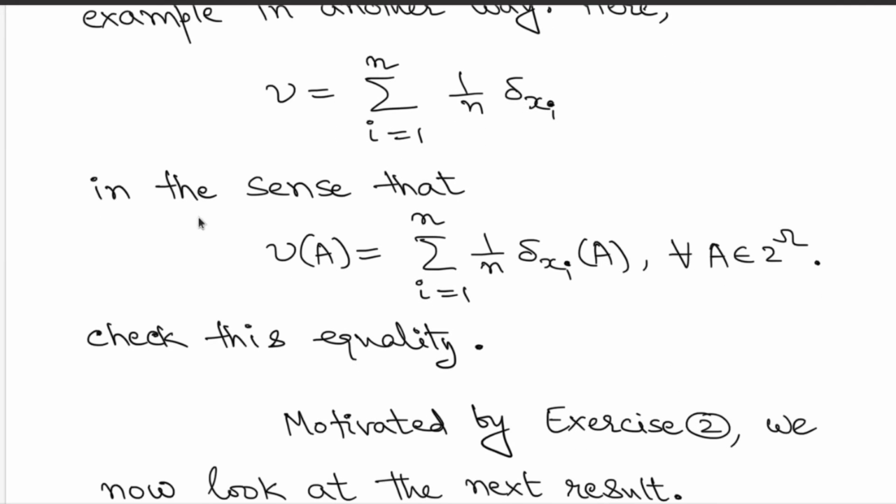This means that for all arbitrary sets capital A from your sigma field, which is the power set here, we are going to have that nu of A is simply this summation. What is this?